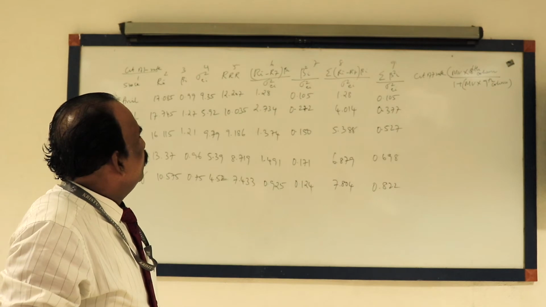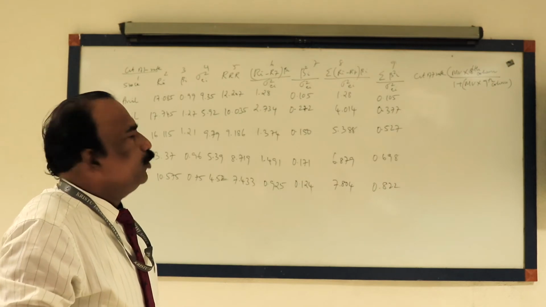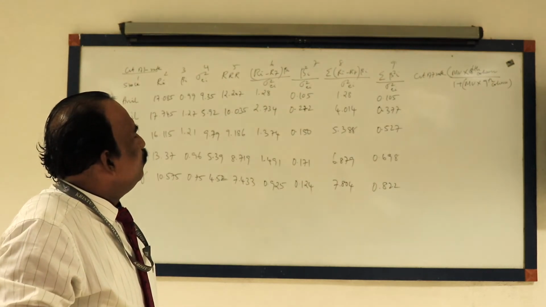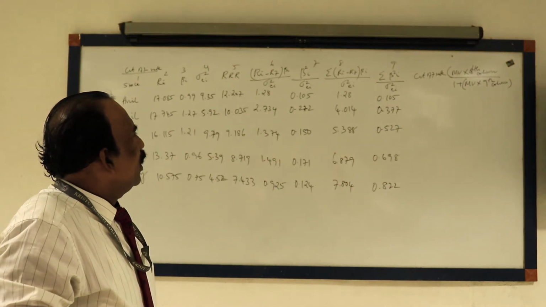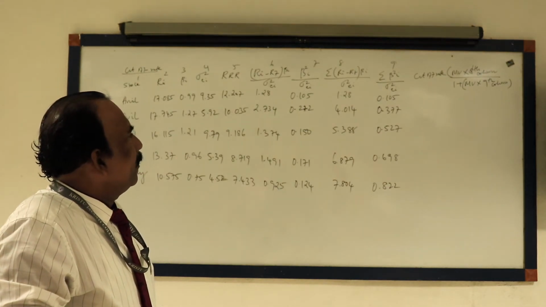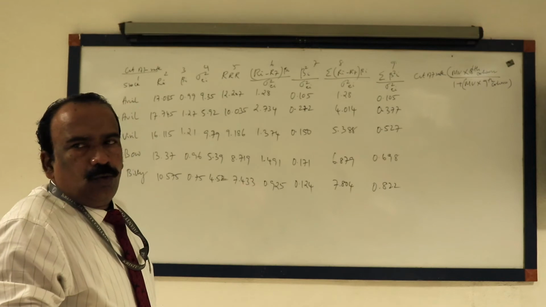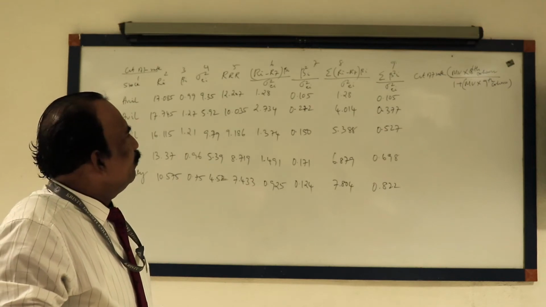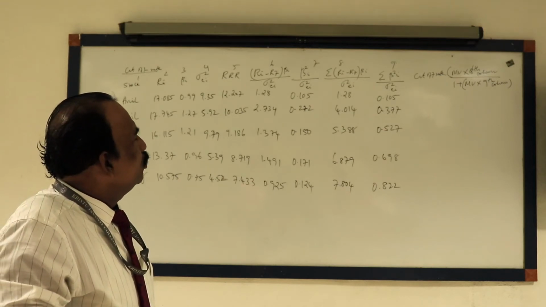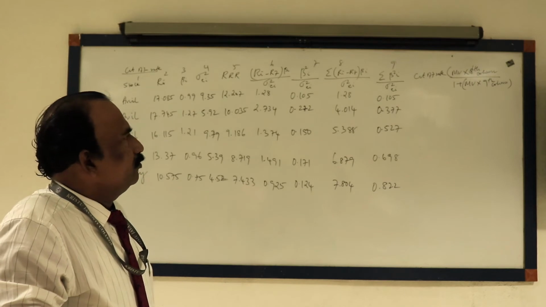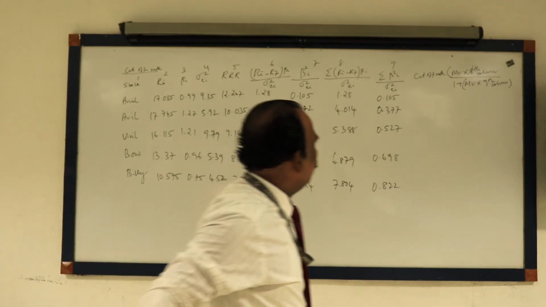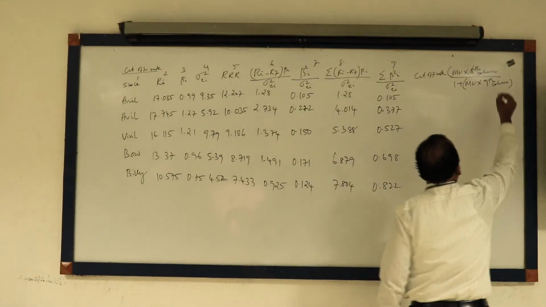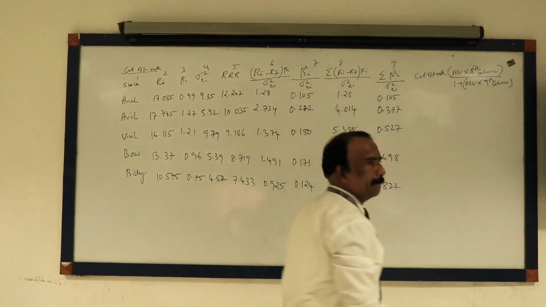So 10 into 1.28 divided by 1 plus 10 into 0.105. So that will give you the cutoff rate for the first stock.